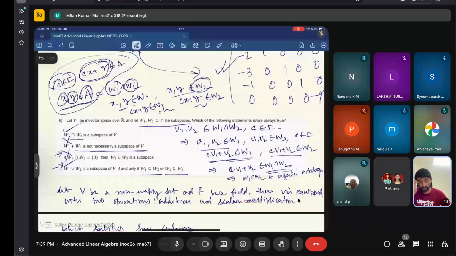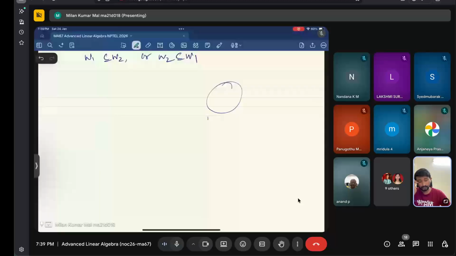Suppose you have W1. This is W1. You have W2. This is W2. You are taking the intersection portion, right? Your target is that if you take x and y from this set and a scalar c from the field, you want to prove that cx plus y is in here.